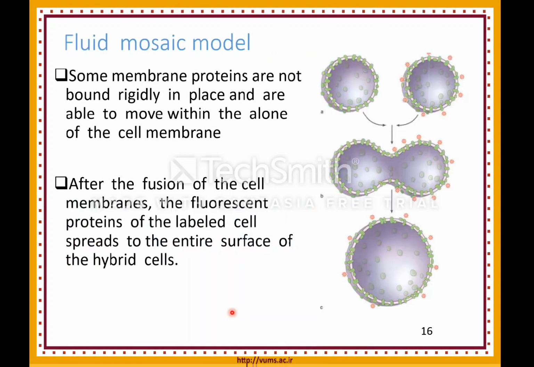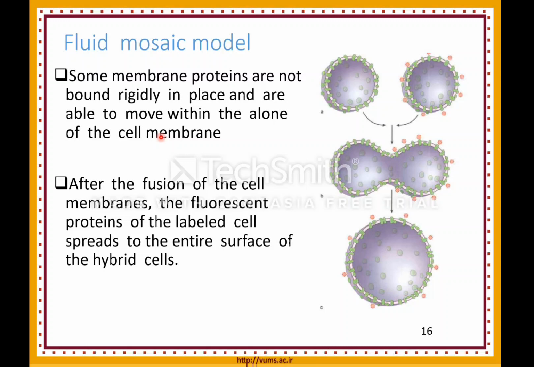Cholesterol gives fluidity to the cell membrane, which is why this model is named the fluid mosaic model: some membrane proteins are not bound rigidly to the phospholipid or rigidly in their place and are able to move in the cell membrane.